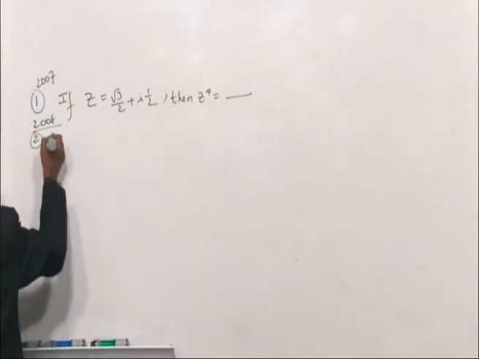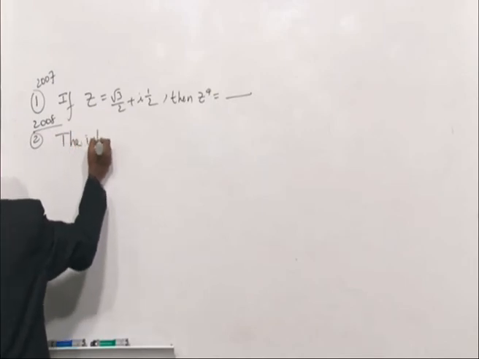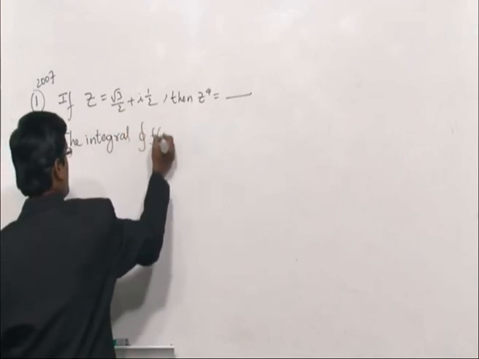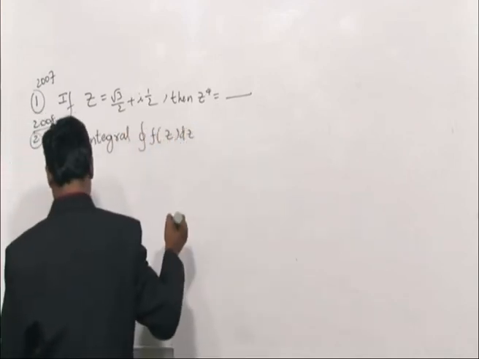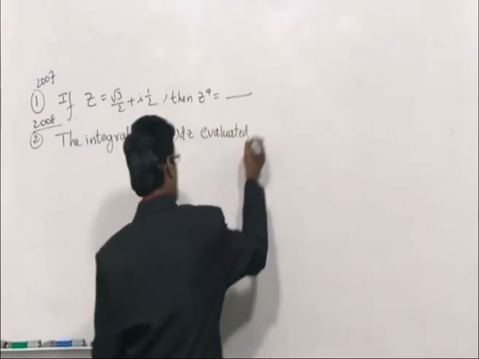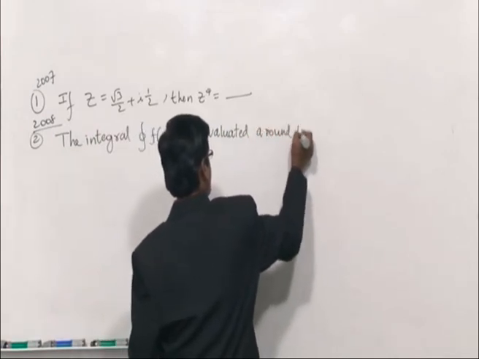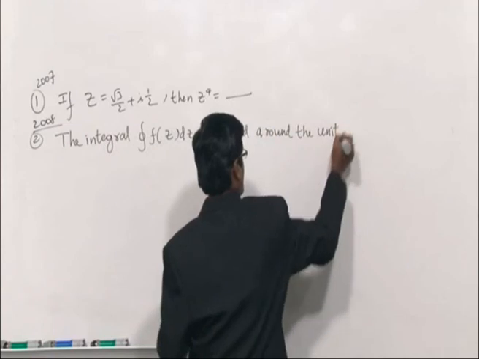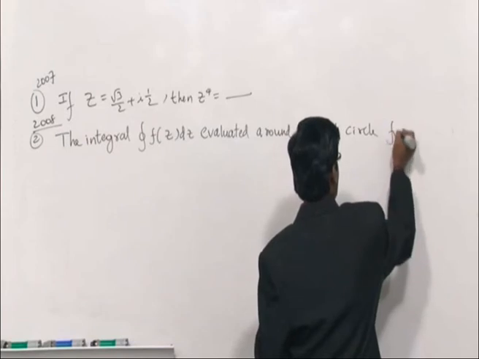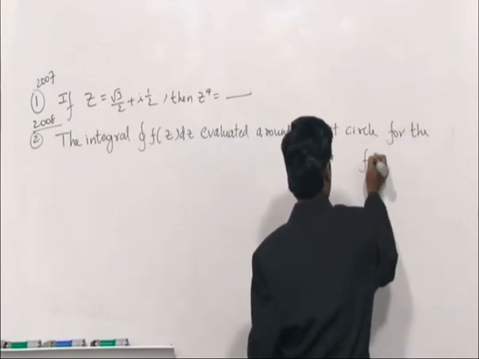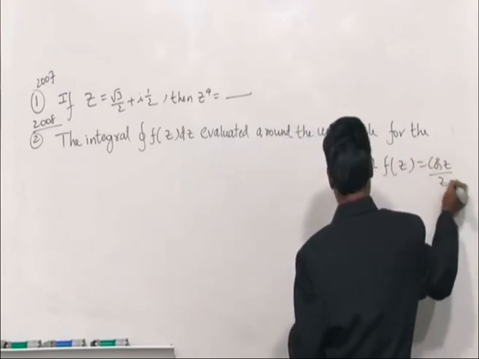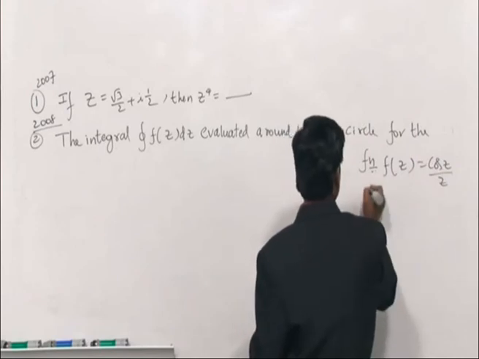Okay. The integral of f of z dz evaluated around the unit circle for the function f of z is equal to cos z by z, is?